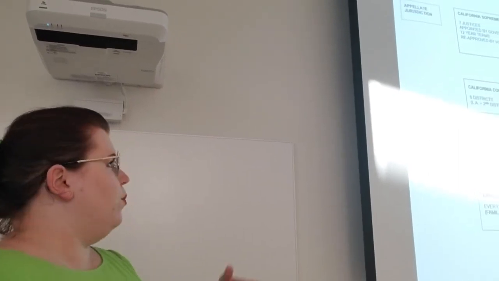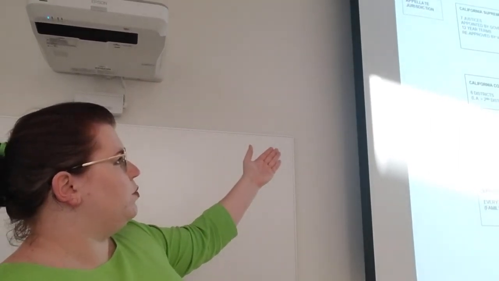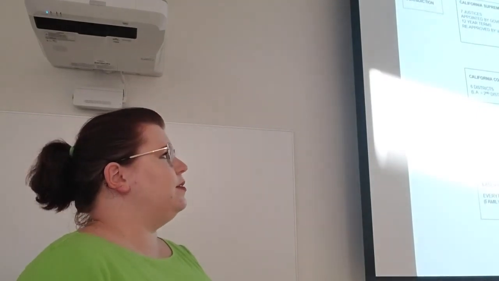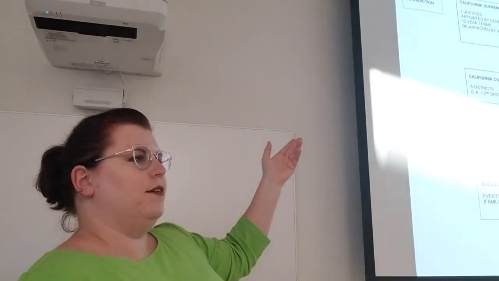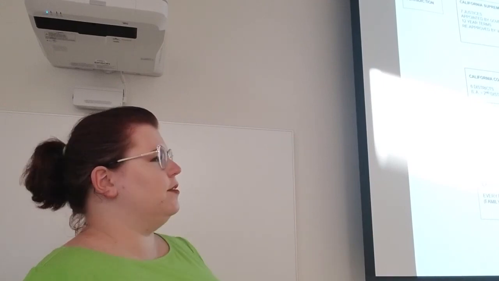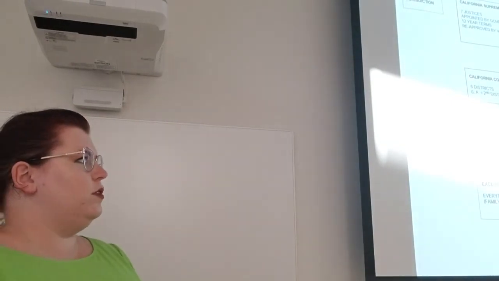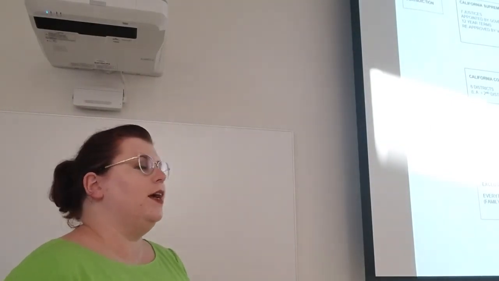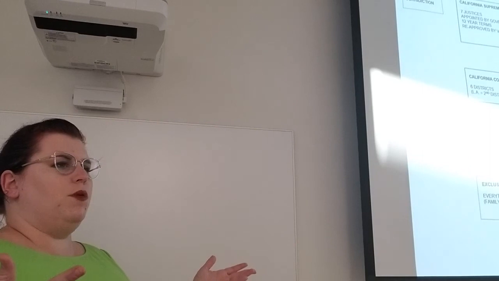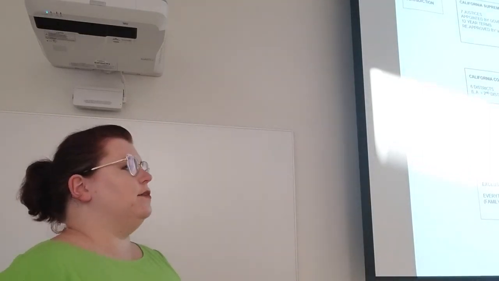And we know California Supreme Court, you want to get over to the U.S. Supreme Court, you have to have what? Federal questions. So you have to petition for a writ of certiorari. You have to say, hey, Supreme Court, my case is special enough that you need to hear it.